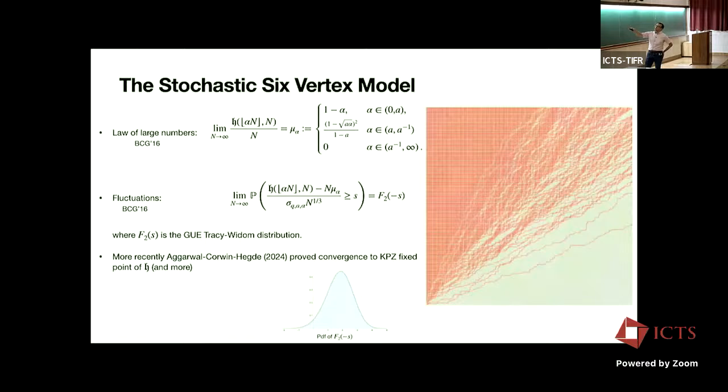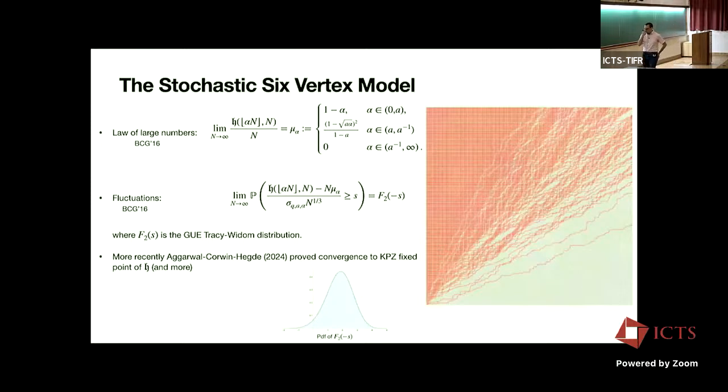The law of large numbers is explicit, but Borodin, Corwin, and Gorin in 2016 did something more, which is to derive a central limit theorem for the fluctuations of the height function. So if we center the height function, subtracting the mean, and we rescale by a standard deviation, which in this case depends on q, and we check the probability that this number is larger than s, this quantity converges for large n to a function F2(-s), which is the GUE Tracy-Widom distribution.